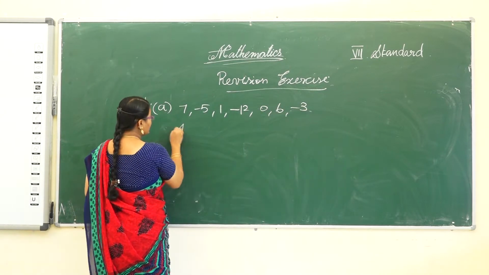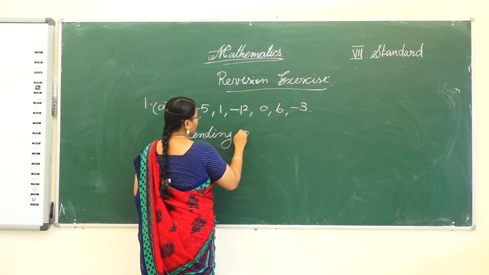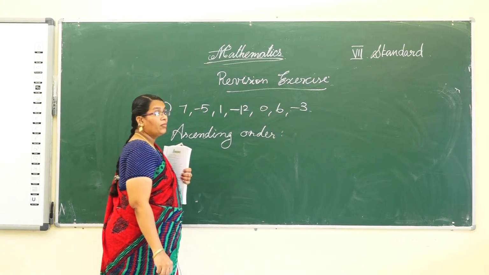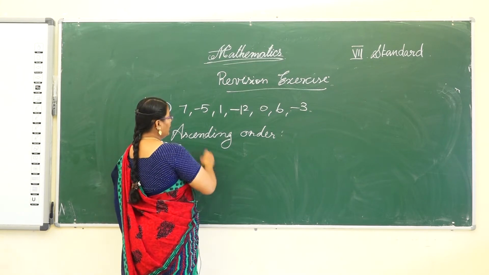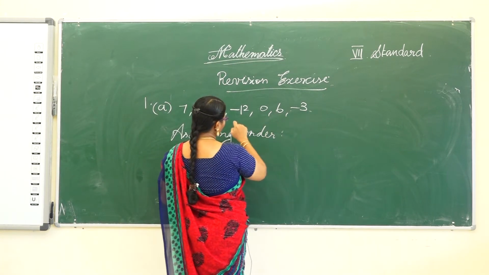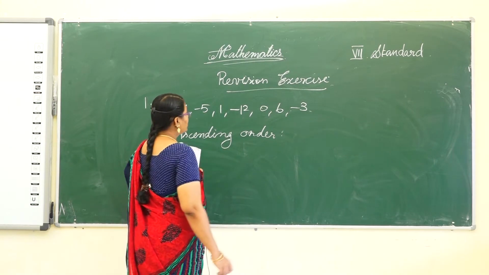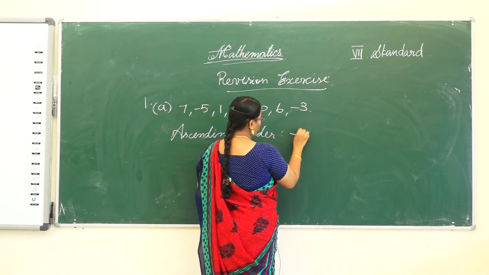How do you write it in ascending order? The numbers can be written from the smallest number to the largest number. Here, which is the smallest number? Integers are given, so the very smallest number is minus 12.